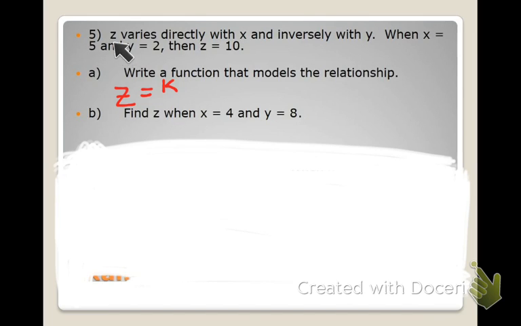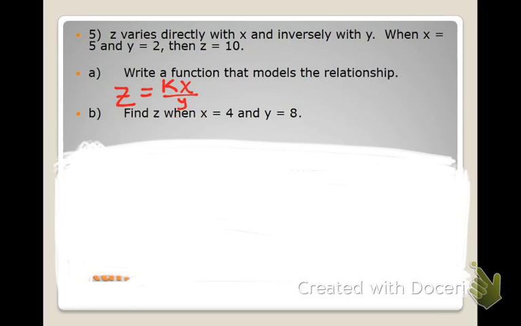This time they just have z instead. So directly means k and x get multiplied. And inversely with y. That means that k and y have to be divided. So I'm going to put one big fraction bar and put the y on the bottom. So this is combined variation. It's doing it directly with x and inversely with y at the same time.